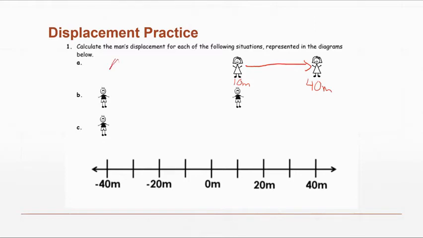So in this one, our change in position is our final, which is 40 meters, minus our initial, which is 10 meters. And that's going to end up giving us 30 meters. And she moved 30 meters to the right, or positive. I'm showing that it's positive because I don't have a negative value there.